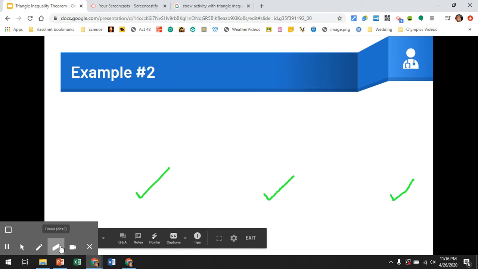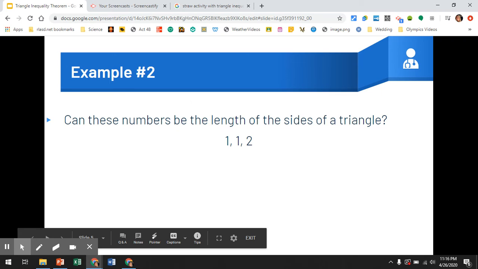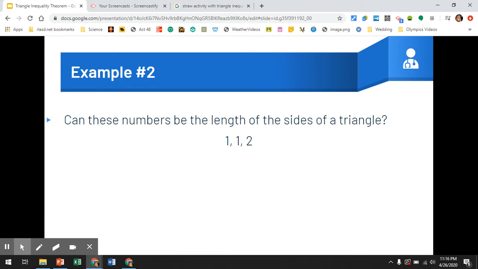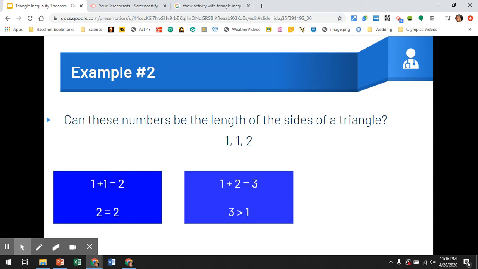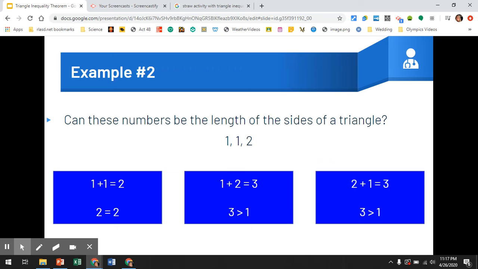All right, let's try another example. For example 2, can these numbers be the length of the sides of a triangle? We're working with 1, 1, and 2. So we have 1 plus 1 equals 2, 1 plus 2 equals 3, and 2 plus 1 equals 3. As you notice, we have 1 plus 1 equals 2, and 2 equals 2.